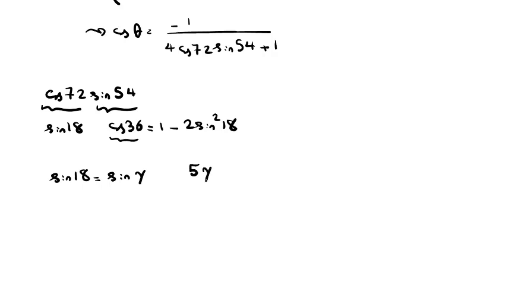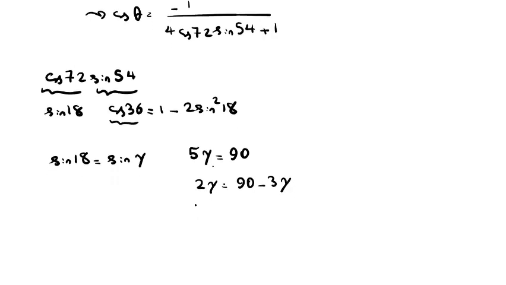We know 5 times gamma equals 90 degrees. So we can say, for example, 2 gamma equals 90 minus 3 gamma.